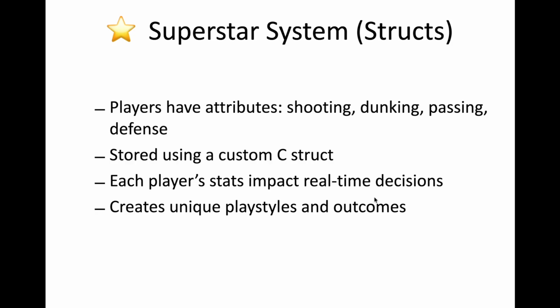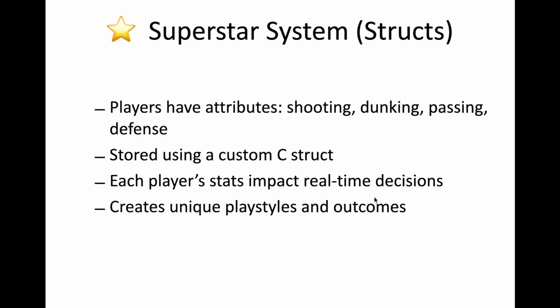These attributes are stored as floating values between 0 and 1, representing the probability of success for different actions. For example, Stephen Curry has a high 3-point percentage, while Shaquille O'Neal has an extremely high dunk rating but a very low 3-point rating.